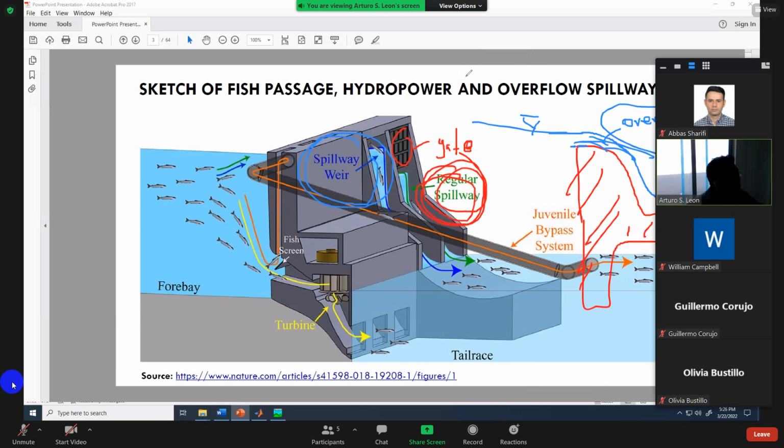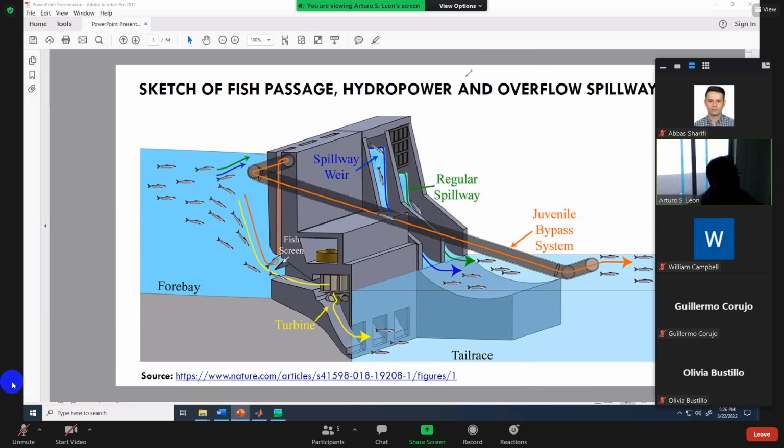The turbine flow, because I can close or open the gate here in the penstock, and also I can open or close this gate for the regular spillway. So we have two types of flow that I can control. The spillway weir is called uncontrolled flow because we cannot control it, right? Okay, you guys, any questions about that?